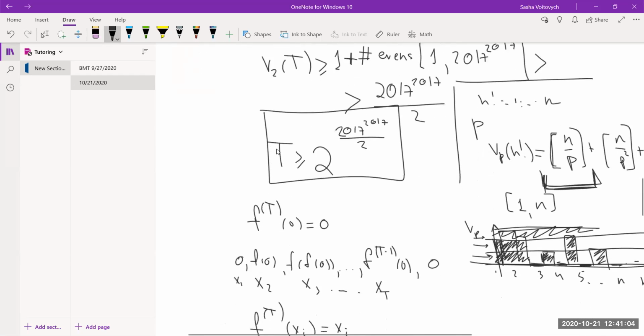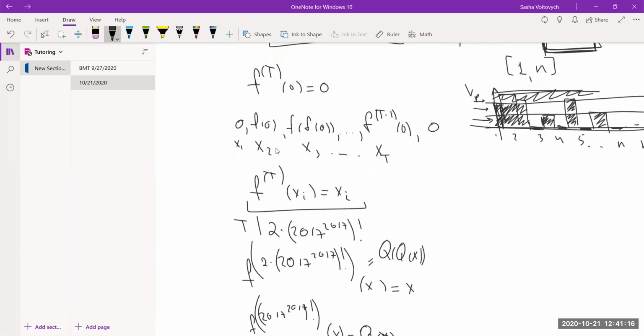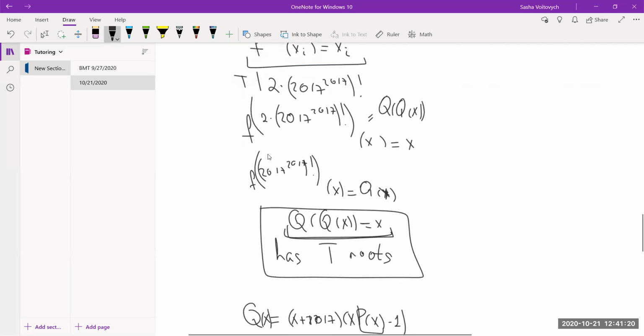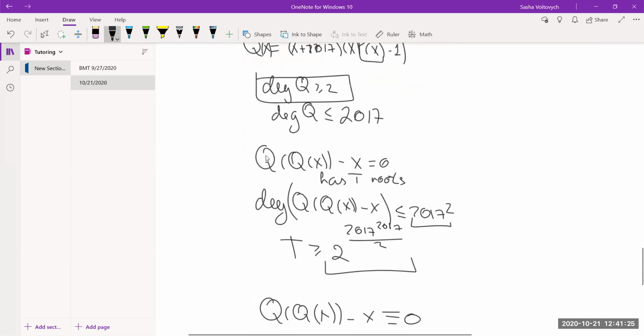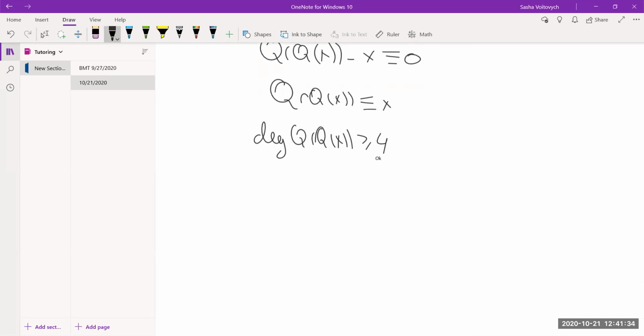Then because the size of the period is t, we have t distinct values that the function takes at this point. So this equation has many roots. And then we concluded that it is impossible, given the restrictions we have on the degree of p.